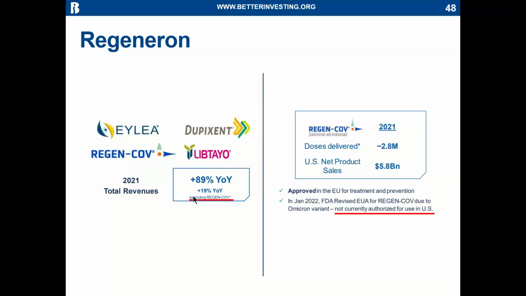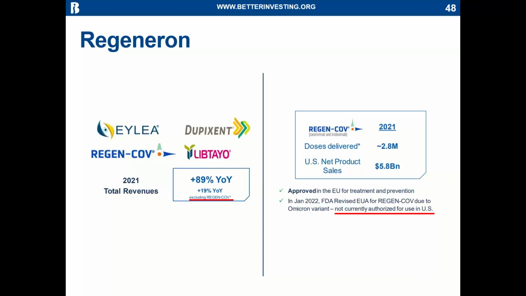So basically what that's saying is that REGN had a significant impact on the total revenues for Regeneron in 2021. And on the right side, you can see that the United States government had obligated itself to purchase almost 3 million doses, which attributed to about $6 billion in sales.